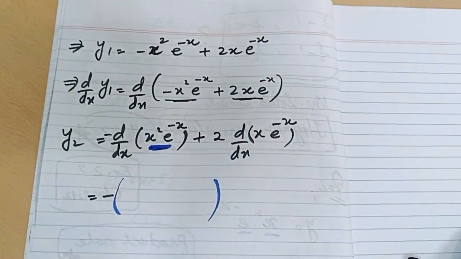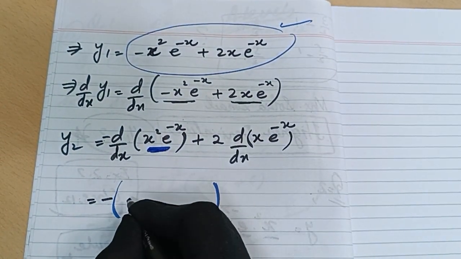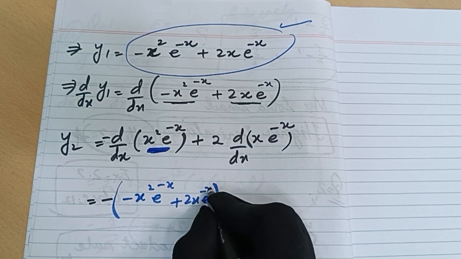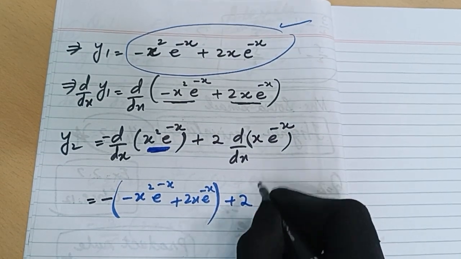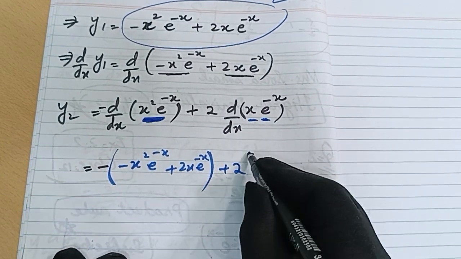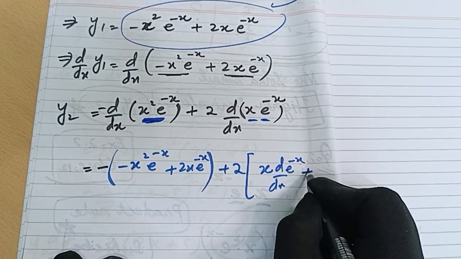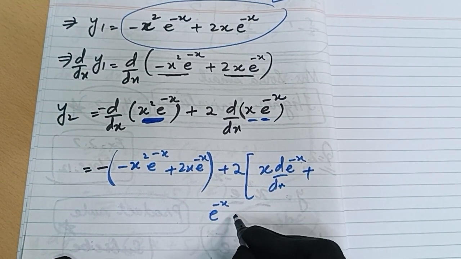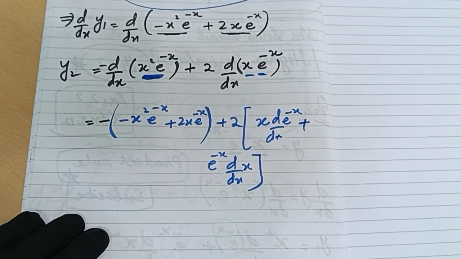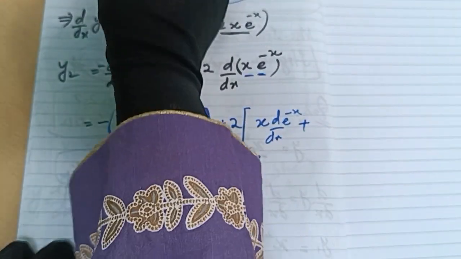So you can write down its answer the same as it is over here, that is minus x square e power minus x plus 2x e power minus x plus 2 times its derivative, which you can now find out by the product rule: the first function as it is, derivative of the e power minus x, plus e power minus x as it is, derivative of the x function. If you do not understand what I am doing, I said that this is exactly the same.